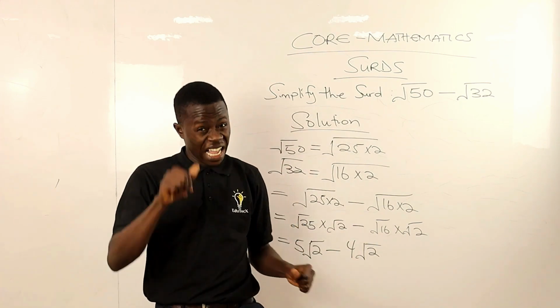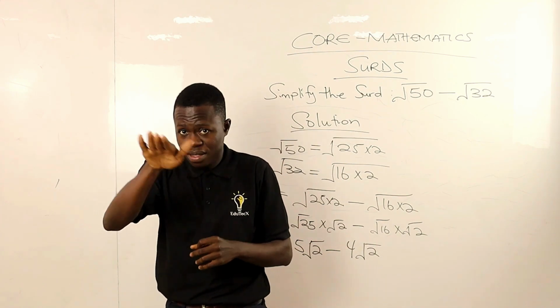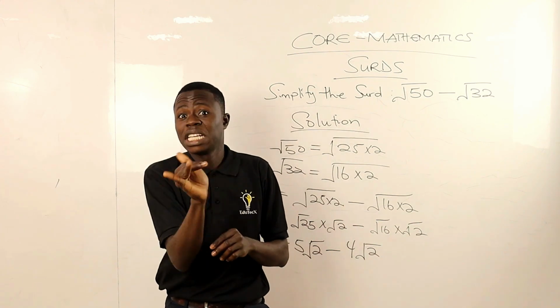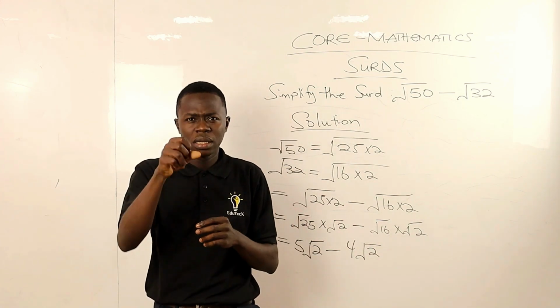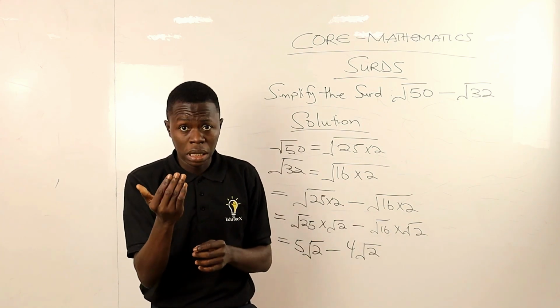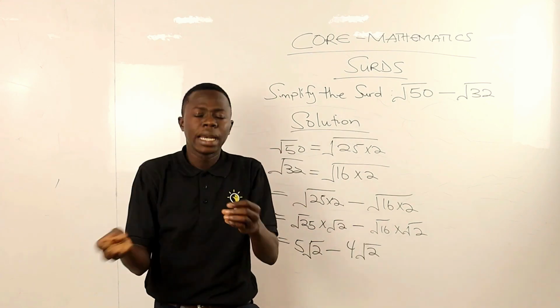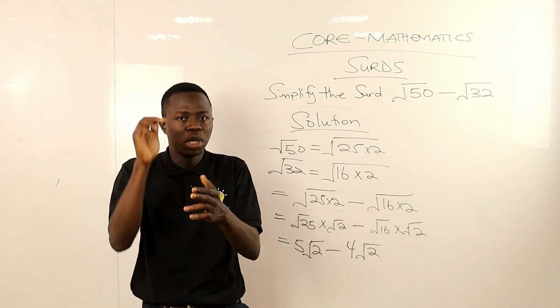Now, you see that just like in the previous example, we have a subtraction of surd expression. Now you can also see that we have square root of 2, square root of 2 in those two terms. So it means that we can, yes, we can add or subtract them because they are the same.